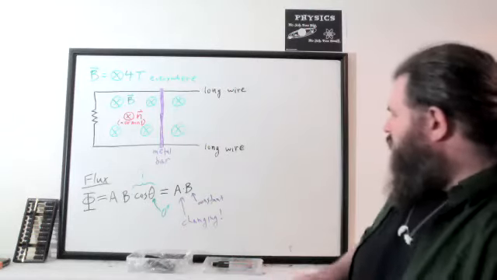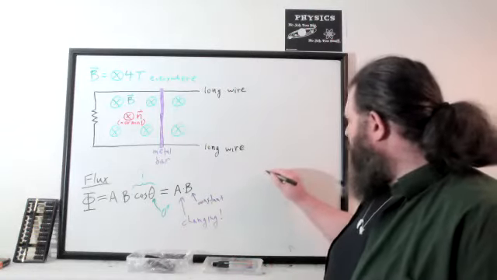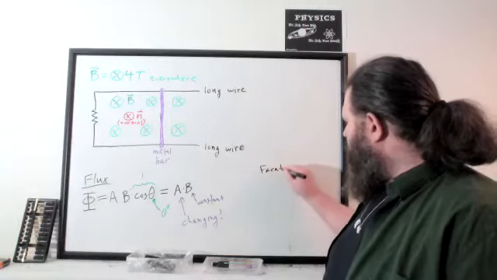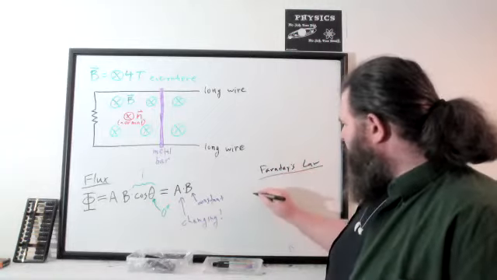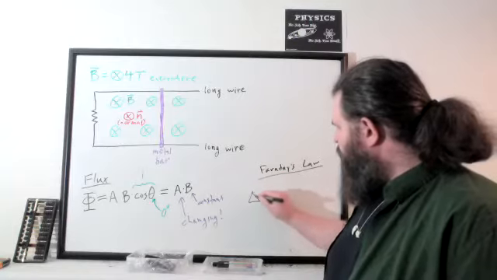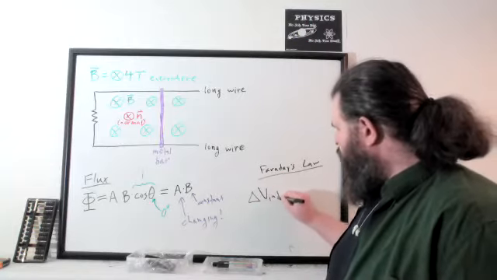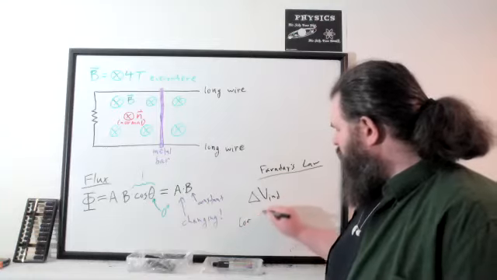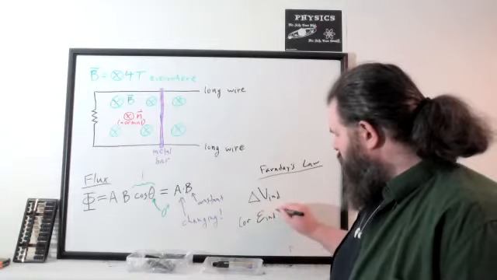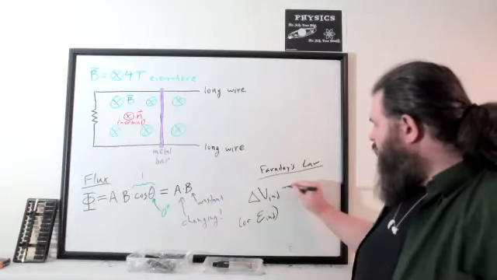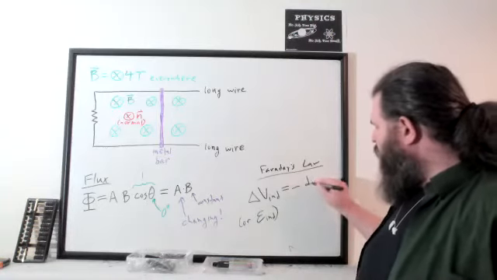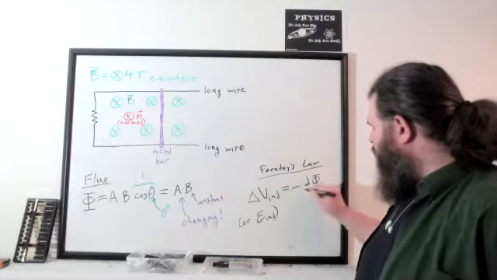And this goes back to Lenz's law and Faraday's law. You get an extra voltage, the induced voltage, sometimes called epsilon induced, but it really is just a voltage difference, an extra boost in voltage, equal to negative rate of change in flux, d flux dt.